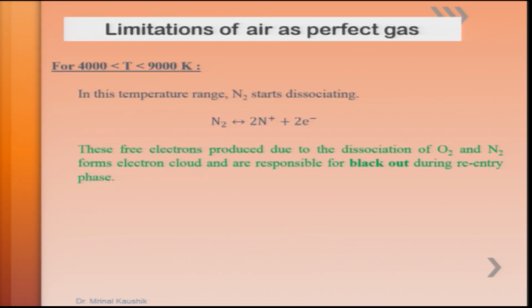If we move ahead, then in this temperature range, the nitrogen starts dissociating at 4000 Kelvin and completes around 9000 Kelvin according to this relationship, and this again brings free electrons into the flow. Please note, these free electrons form a cloud, and during a process such as space shuttle re-entry, this is termed the blackout phase.